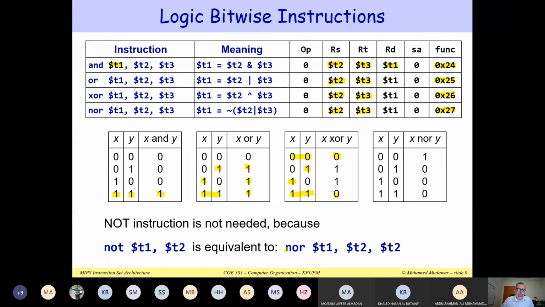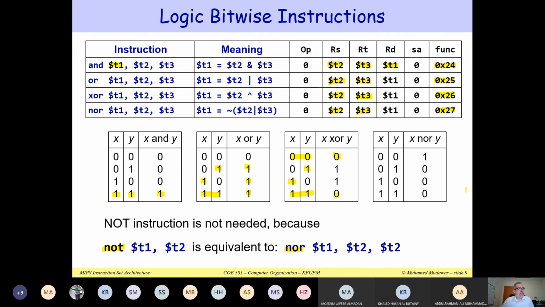So you can use the NOR instruction as NOT. For this reason, the designers of the MIPS architecture did not include a NOT instruction. When you take NOR of T2 with itself and write the result into T1, it's the same thing as taking the complement, giving exactly the same result.